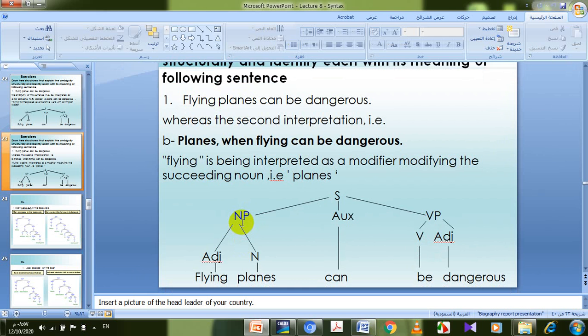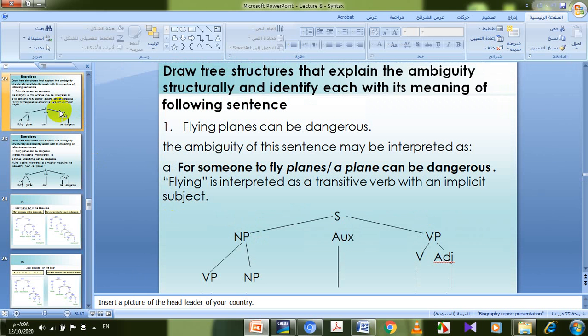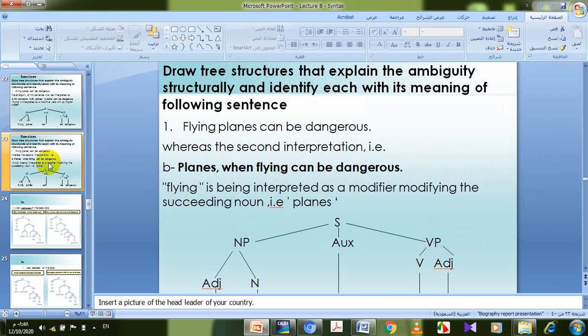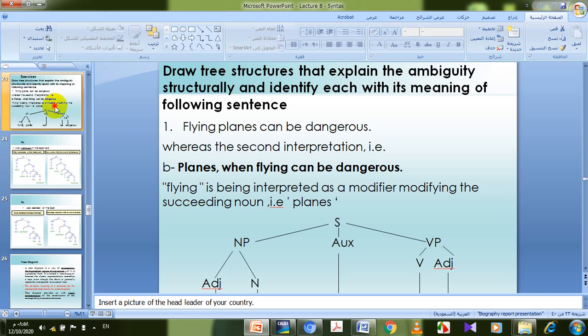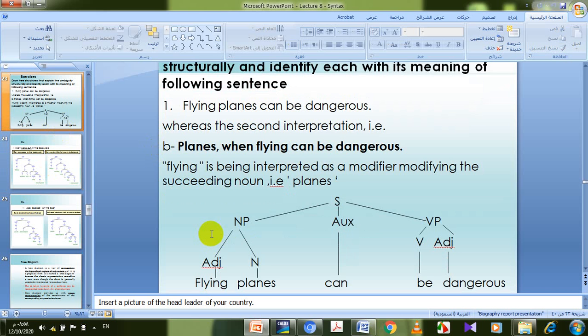In the second example here, the noun phrase is subdivided into adjective and noun: adjective, flying, and noun, planes.